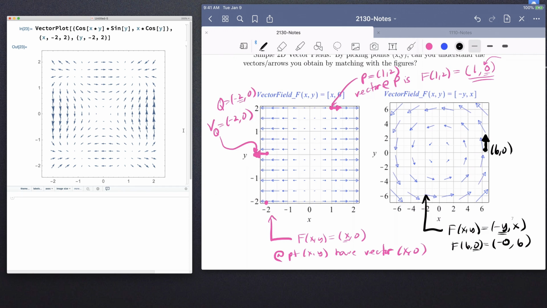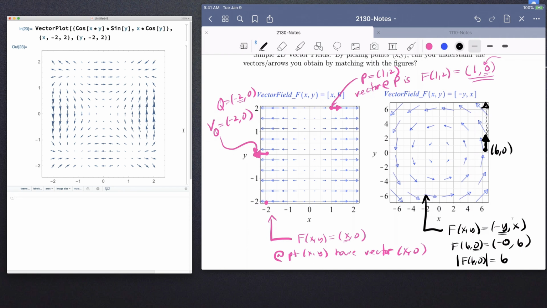We're not really, in these pictures, drawing these vectors to their length. If we were, this vector f at (6, 0) would be a vector of length 6. I would have to draw this vector with length 6, but the picture would look really crummy at that point.